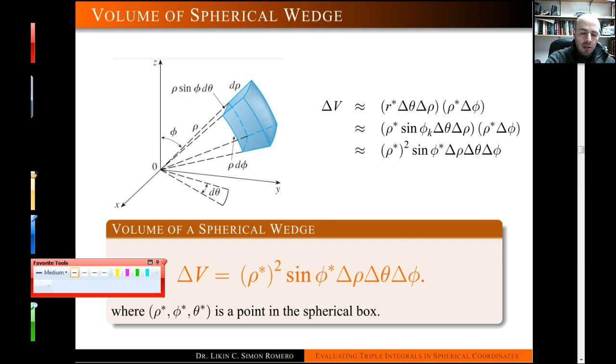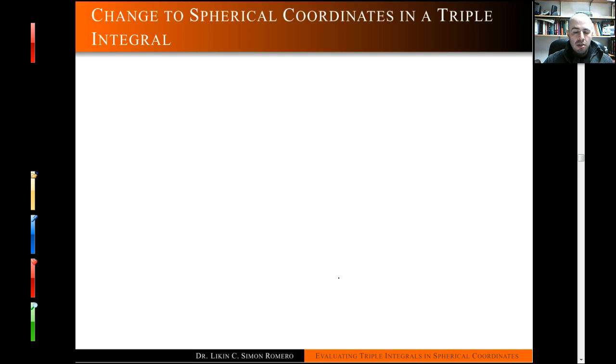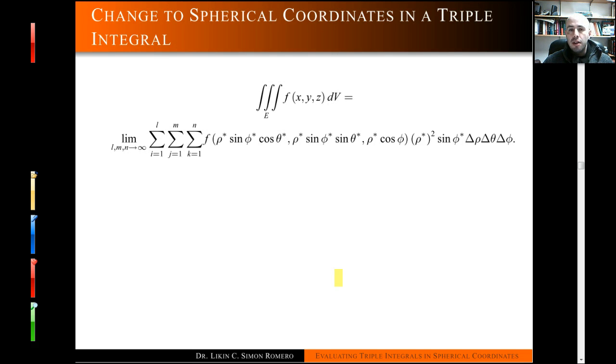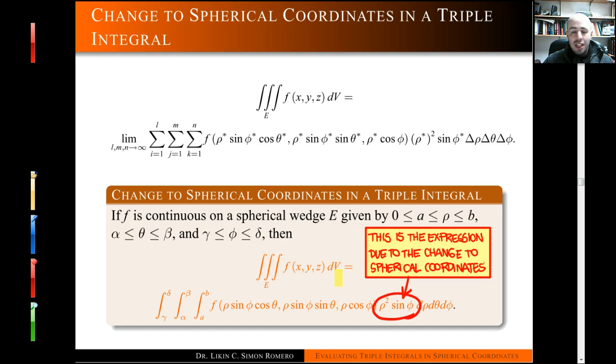The only thing that I wanted to do with this expression is to give you an idea of where this rho squared sine of phi comes from. Because by using the Riemann sums and the limit of the Riemann sums, that's exactly what you need to remember when you're changing to spherical coordinates. So it's going to be rho squared sine of phi.